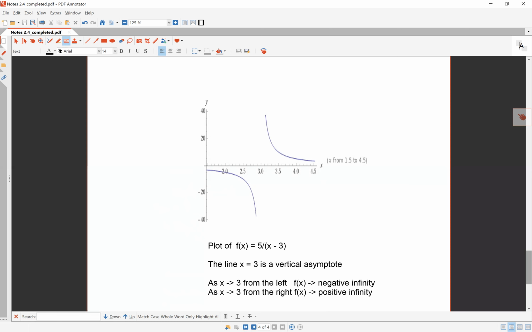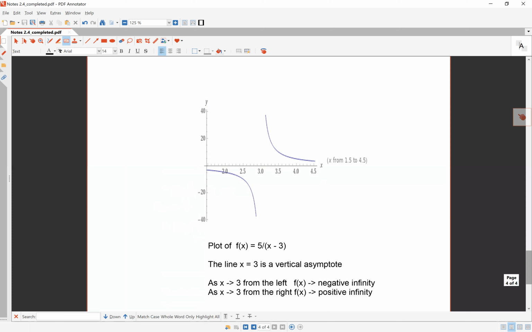So the domain is everything except x equal to 3. There's no value at x equal to 3. So the graph gets as close to the line x equals 3 as we want, but never actually touches it. And it's called a vertical asymptote. And in the notes, that's denoted by the acronym V.A.